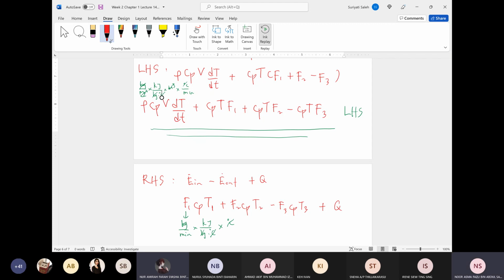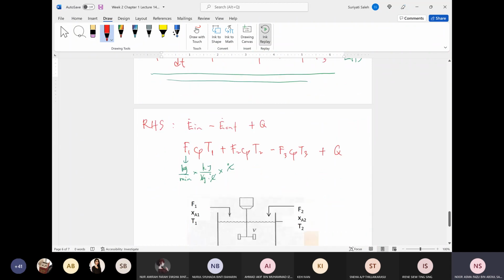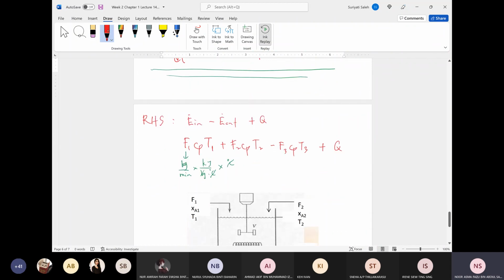Okay, thank you. Very good question. In this case, of course, you can do it like that to make it uniform, for standardization. For E in, E out, if you want to label it CP1, CP2, CP3, it is okay, no problem.